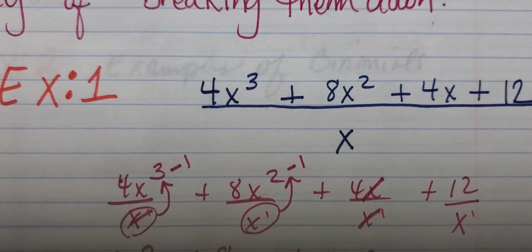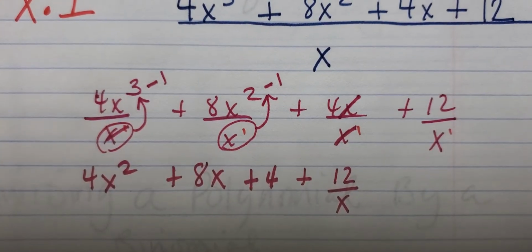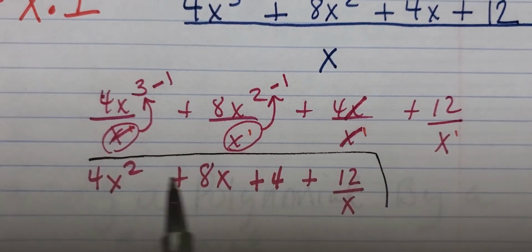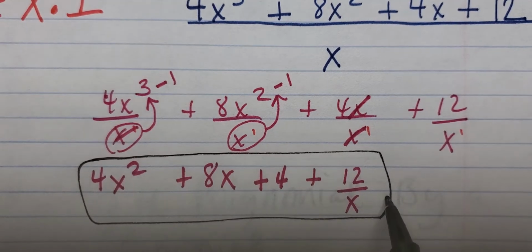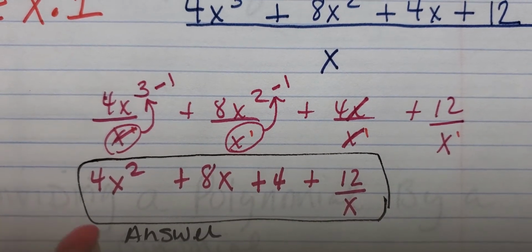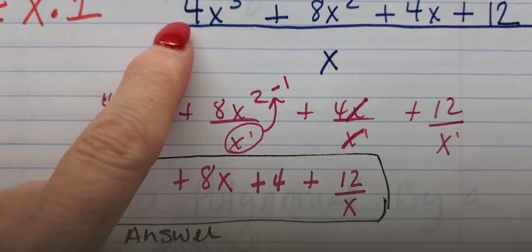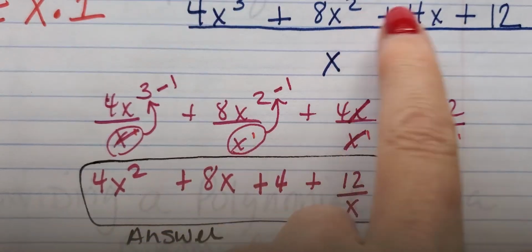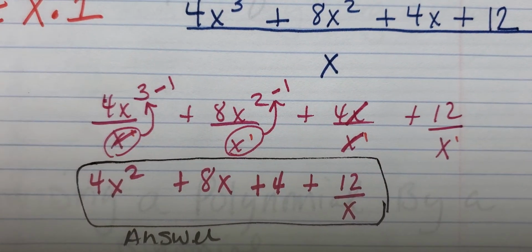Now we want to take a look at this for a second and compare the answers. Notice the answer. Okay, the answer is 1 less than each of those exponents up top.